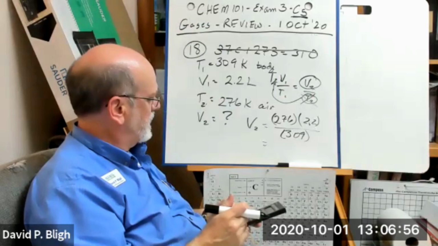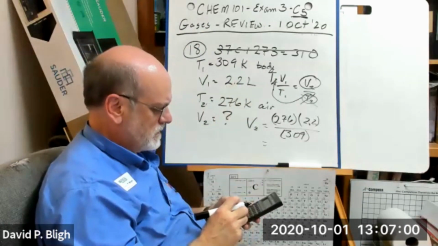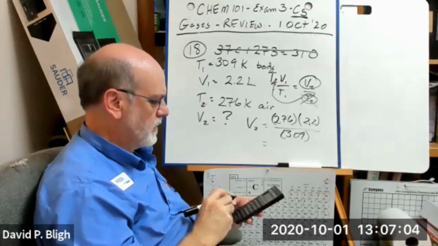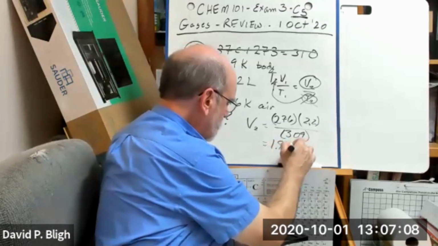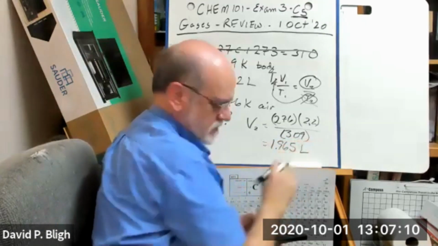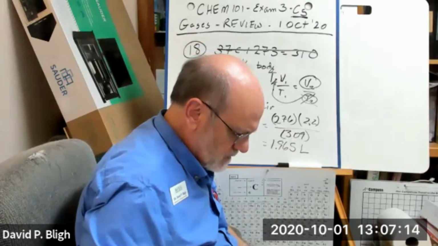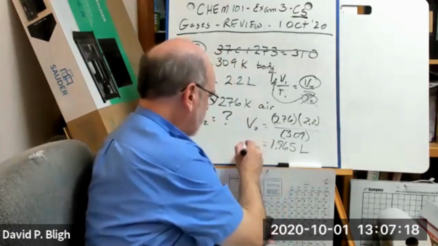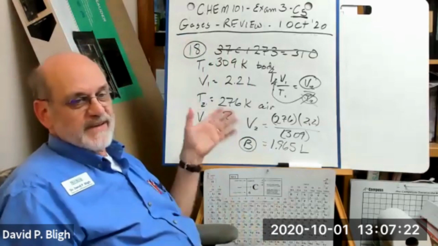So I get, let's see, two significant figures. That's 1.9 or 2.0, 1.965 liters. Let's see how it's presented here. Okay, they rounded it off to 3. B. So in test taking technique, you go for the best answer.